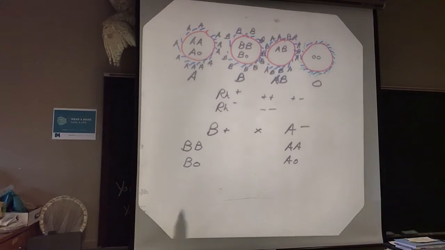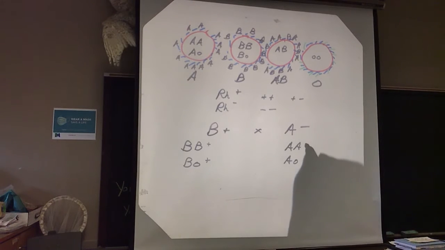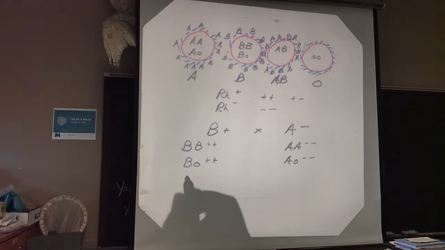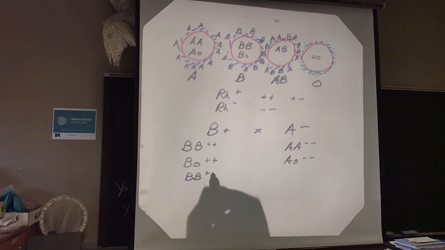Now, for Rhs, we know there's a positive here, but there can't be a positive in the negative parent, so those are two negatives. So right there, we've got all the possibilities. There's only two possibilities that are going to give us that A negative, but a positive is possible in the B person, and hiding a negative is also possible.